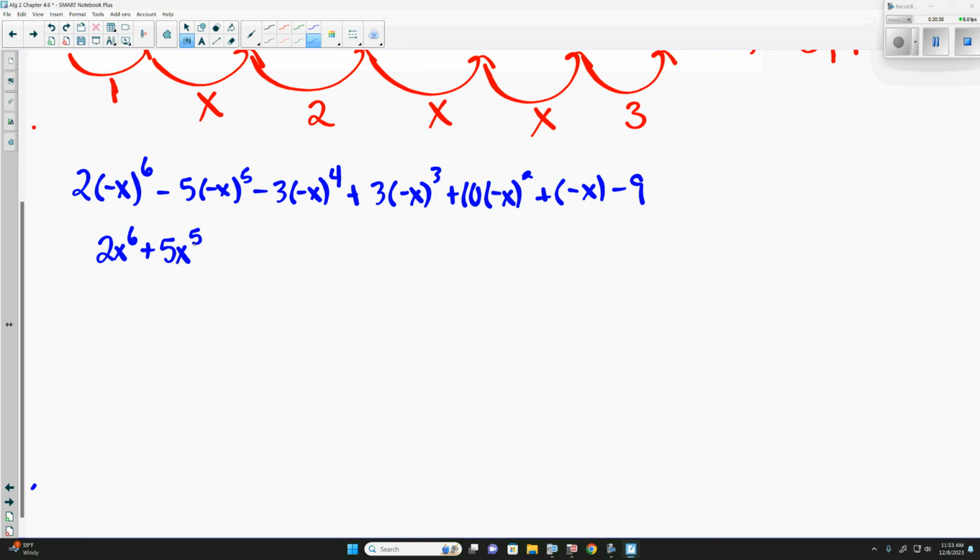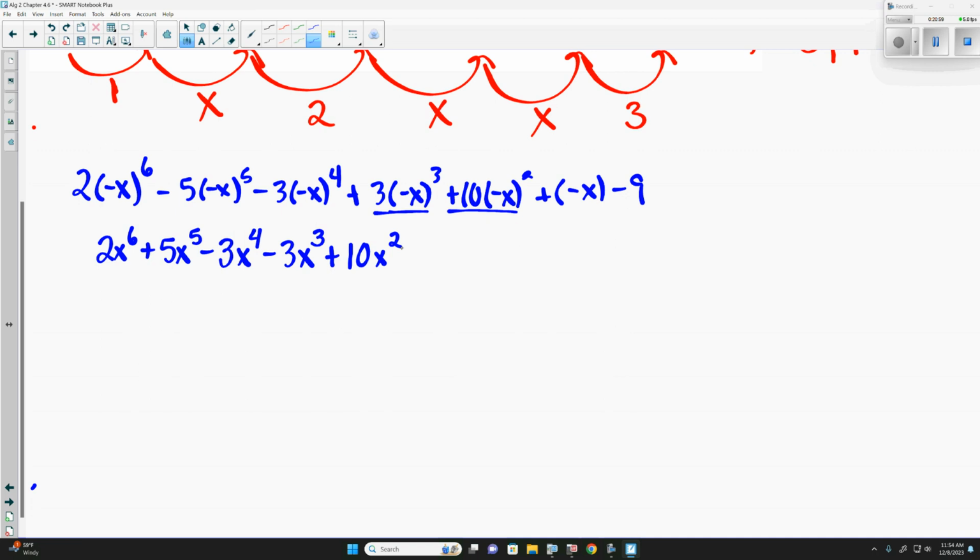It's going to change. Our next one is to the 4th power, so the sign is going to stay the same. It's going to stay minus. Our next one is to the 3rd power, which is odd, so the sign will change from positive to negative. Our next one after it, squared, is even, so the sign will stay the same, giving us plus 10x squared.